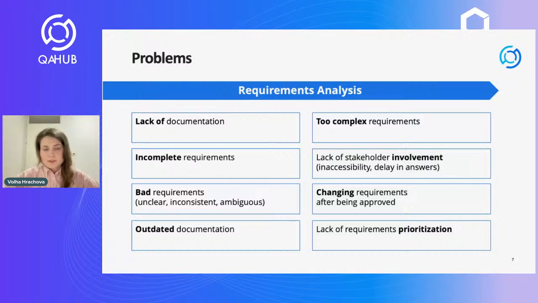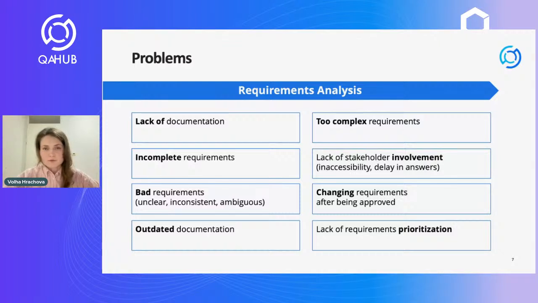Sometimes we have too complex requirements, which means that, let's say we have a complex domain and you have to know a lot of things, and it's difficult to know everything if you are not a part of this domain. So you may have some requirements, but it's not obvious to you.